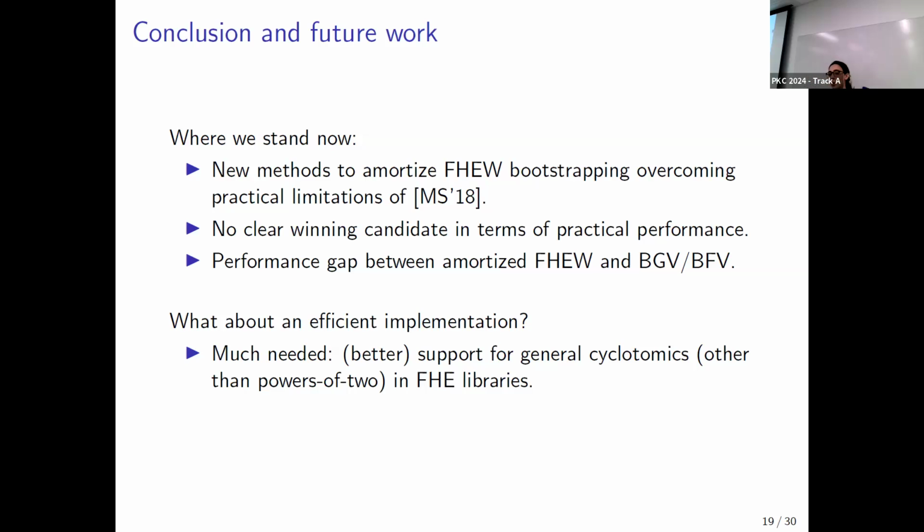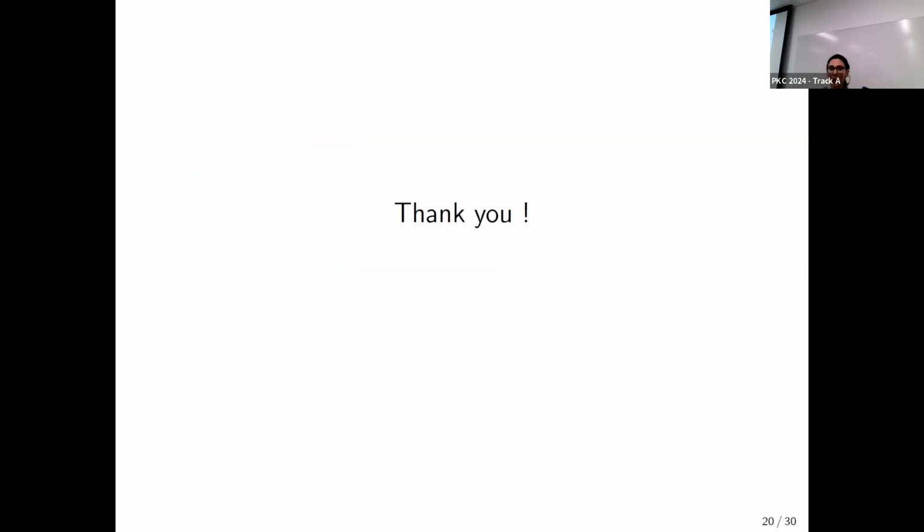It was hard for us to answer because part of the inefficiency of our scheme could result, I'm not saying all of it, from the fact that for general cyclotomics other than power of 2, we don't have efficient implementations in common libraries that we could use. So one future work direction would be to incorporate more of these non-prime, non-power of 2 cyclotomics for these new schemes that are appearing. And thank you so much for your attention.